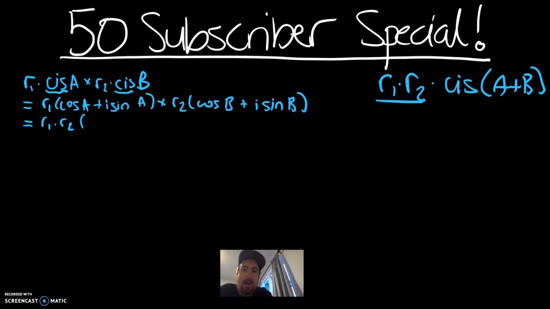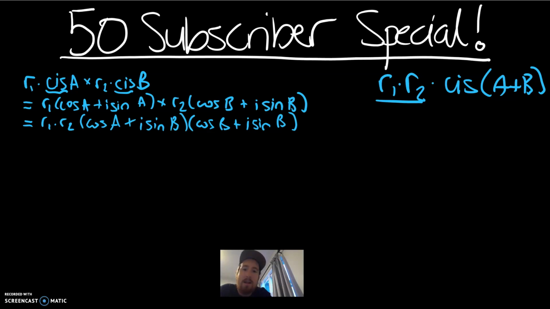Then we're going to leave our brackets there. So that's (cosine A plus i sine A), and then in the second bracket, (cosine B plus i sine B). And I've just realized I've made a mistake in that first bracket, so let's change that B to an A, because that should be an A.